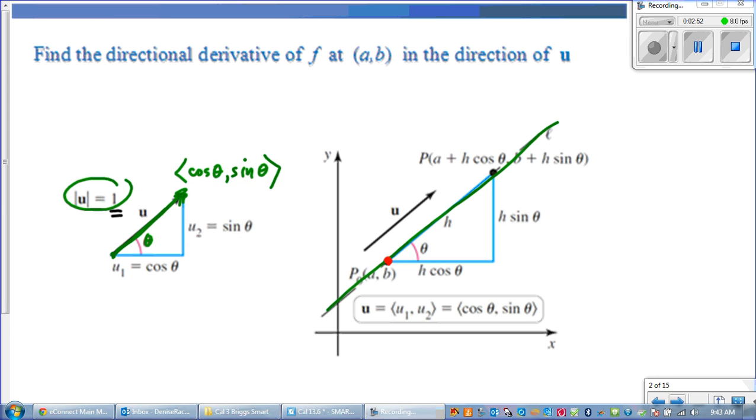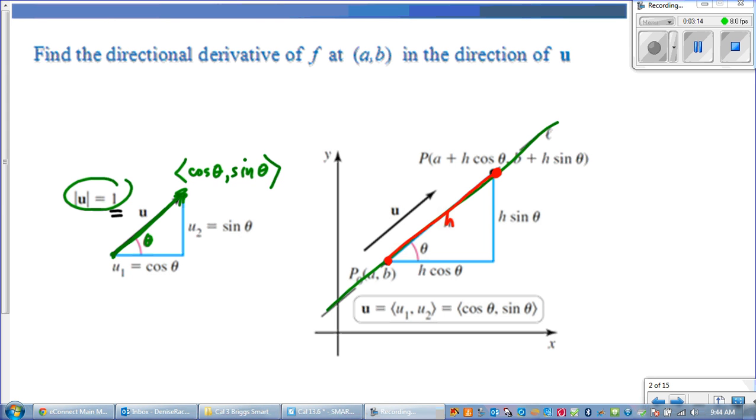Since we're calculating the derivative along this line, we need to choose another point out here, a distance h from P. So this distance h along that line L will correspond to a point up here.